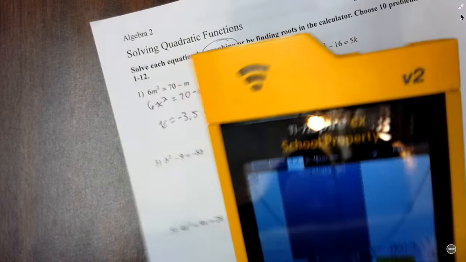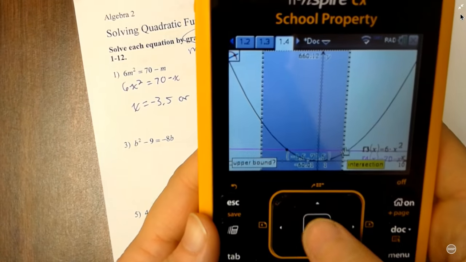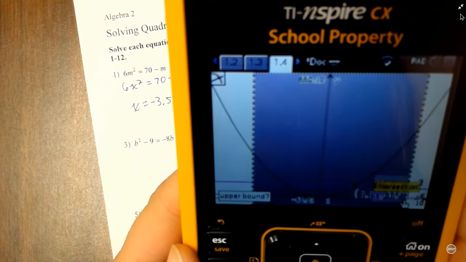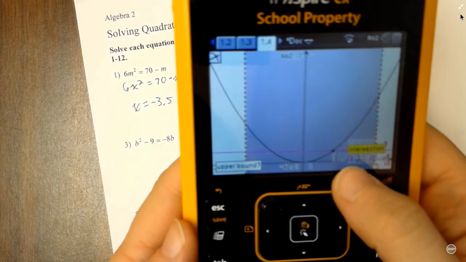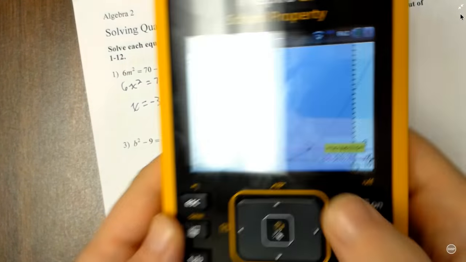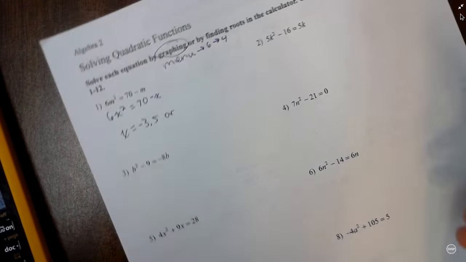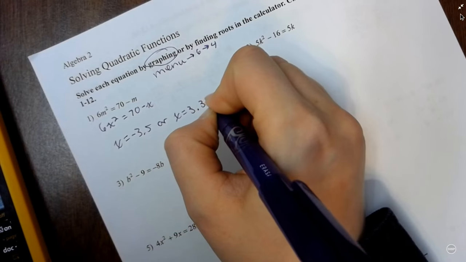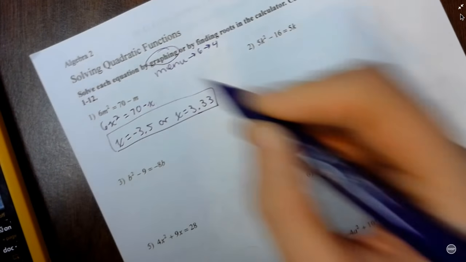And my second one, keep sliding. You may have to move your mouse around a little bit, but there, if you can see it, it's 3.33. It's probably 3 1/3, but you can round it, that's fine. So there's your solutions right there.